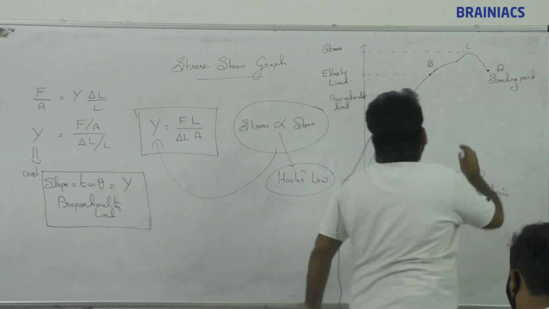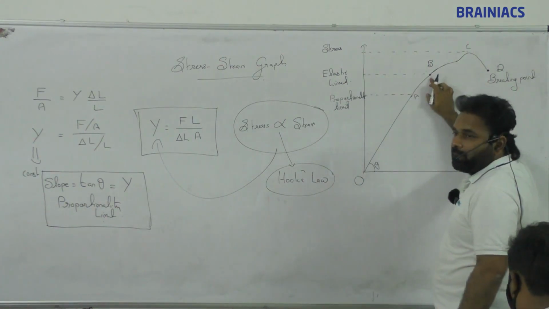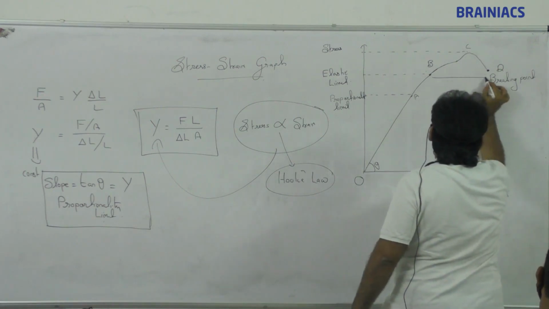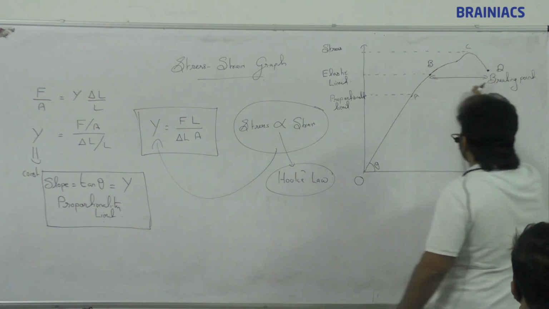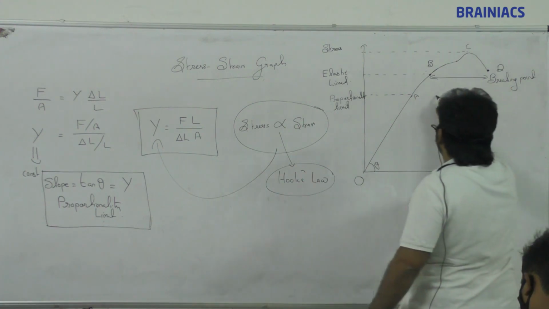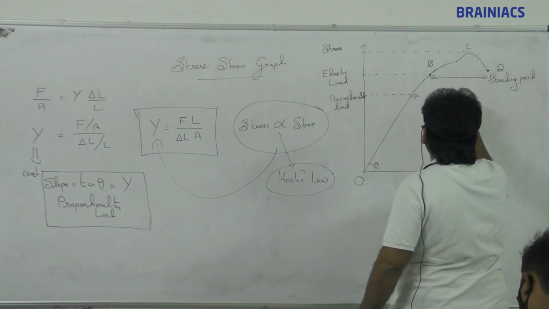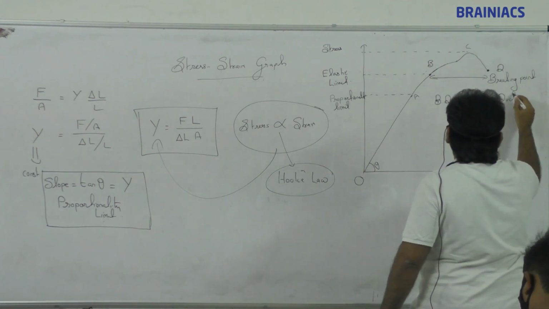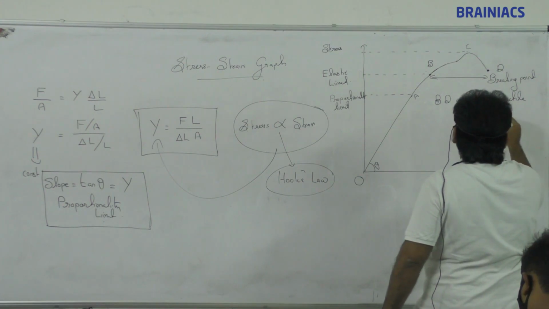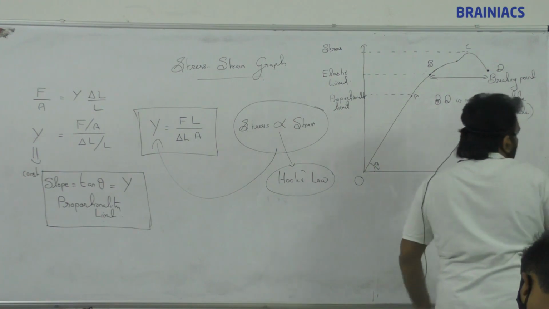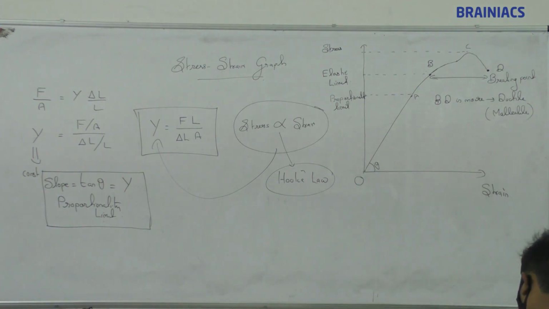Till this, what will happen? It will come back to the original dimension. So if we see this, if this length is more, we can say the material is ductile. If BD is more, we can say this is ductile, malleable also correct.